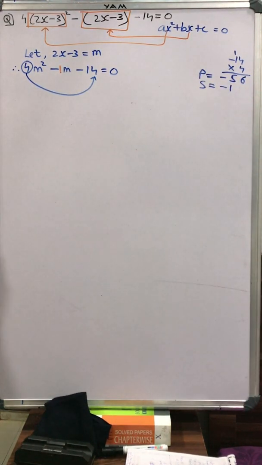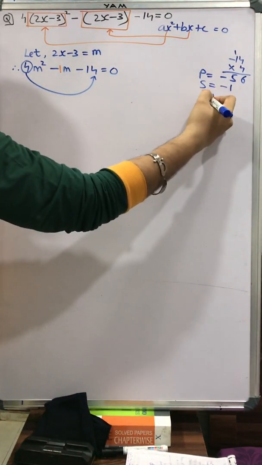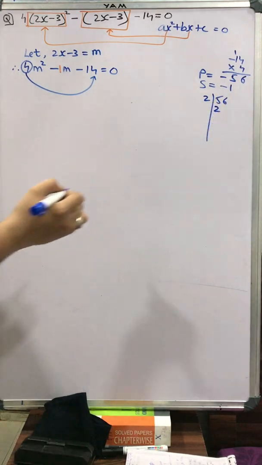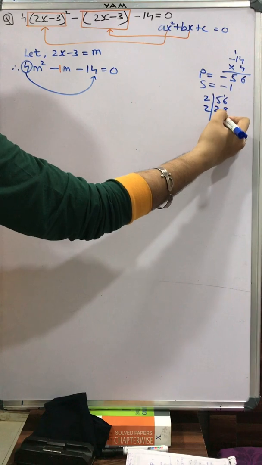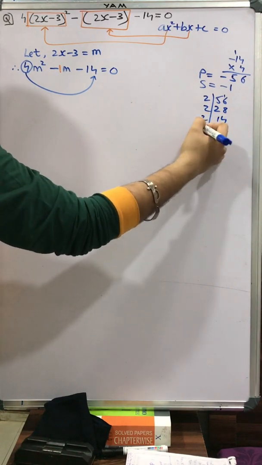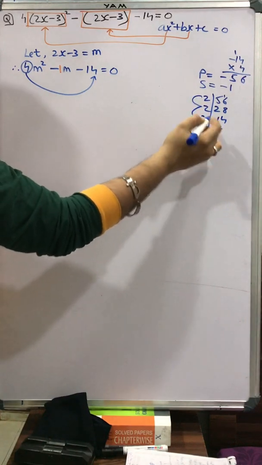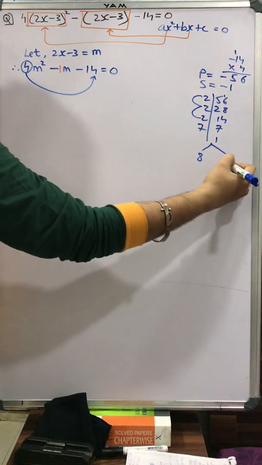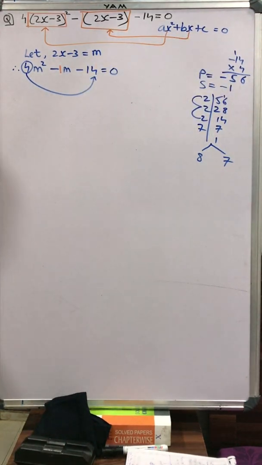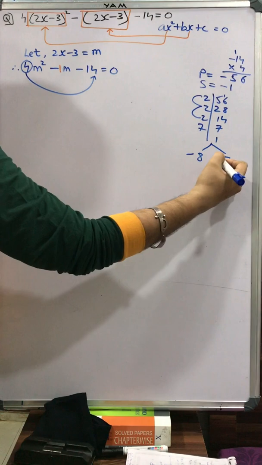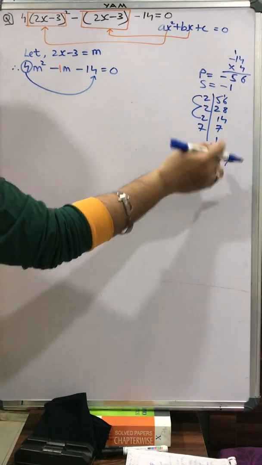Okay, now let's see if we break up this 56, we'll get the answer for it. Starting with always 2. 2 2s are 4, 2 8s are 16, 2 7s are 14, and 7 1s are 7. 2 2s are 4, 4 2s are 8, 8 7s are of course 56, but I want -56 as the product. So if I say -8 and +7, when -8 is multiplied with +7 I will get -56.